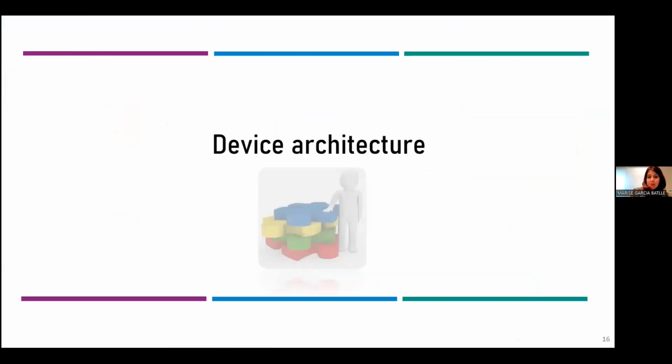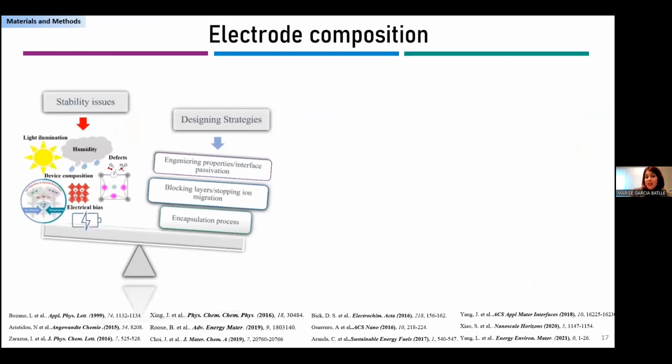The next step in the preparation of this device was to think about the architecture, because, of course, perovskite materials present many stability issues. We can observe that there are many papers in the literature talking about device degradation promoted by light, humidity, and oxygen.